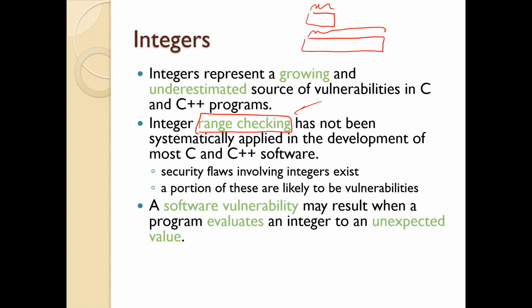Remember, software assurance is both about quality and security, or reliability and security. Most of these will be reliability issues, but some of these could result in security issues. A portion of these, in fact, are likely to be vulnerabilities.